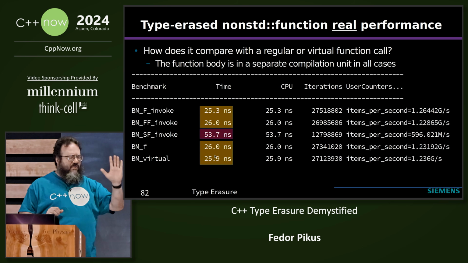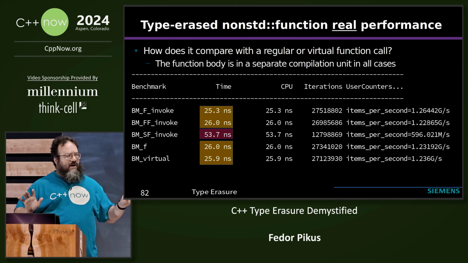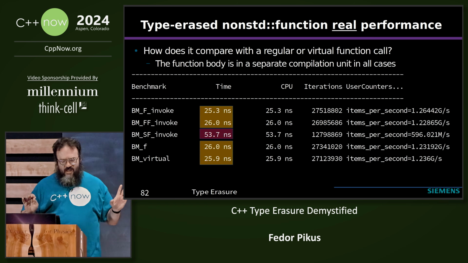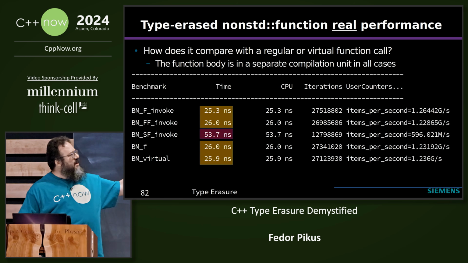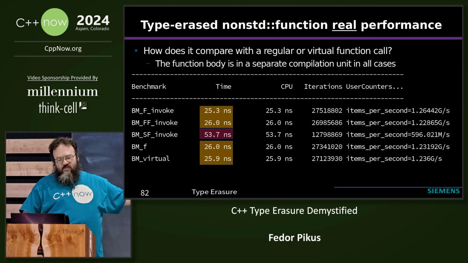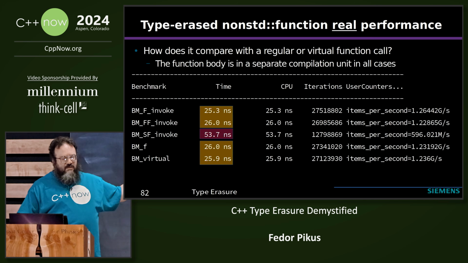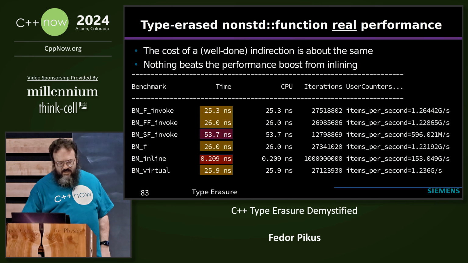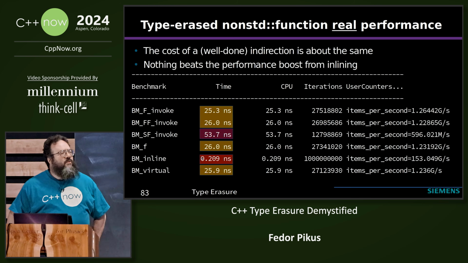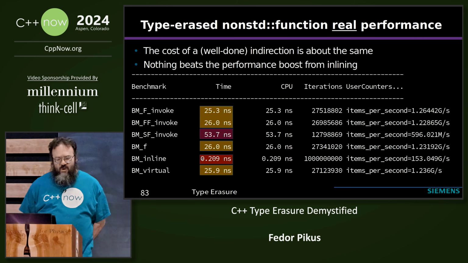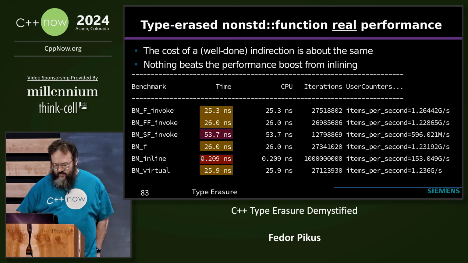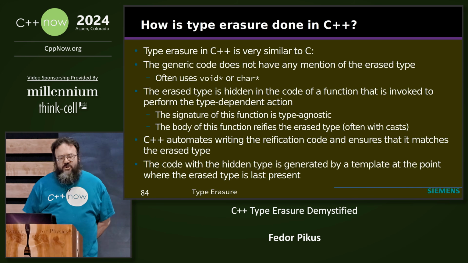The function I'm calling is in a different compilation unit, so the compiler can't play any games. So this looks really great, and basically type erasure is as good as any other indirection if it's done well. There is just this one little thing that reminds you of the cost of the indirection itself. If you could inline this function, things would go much differently for you. So this isn't the cost of type erasure. This is actually a cost of indirection.